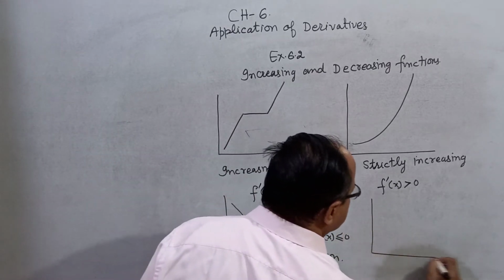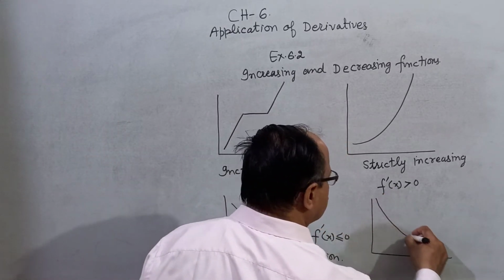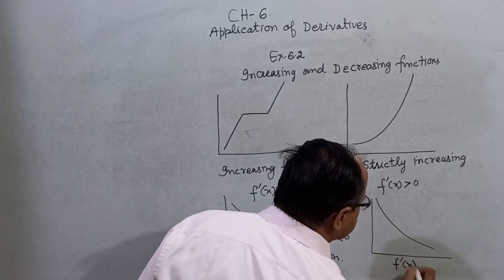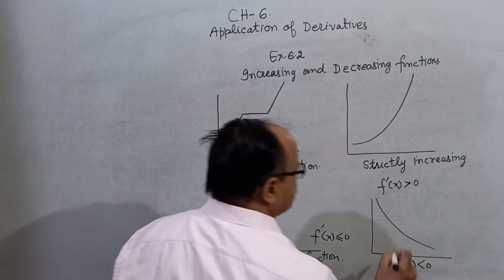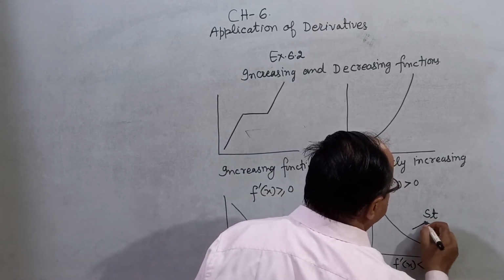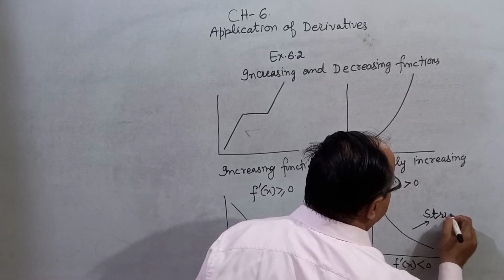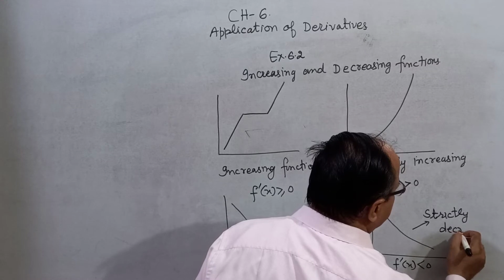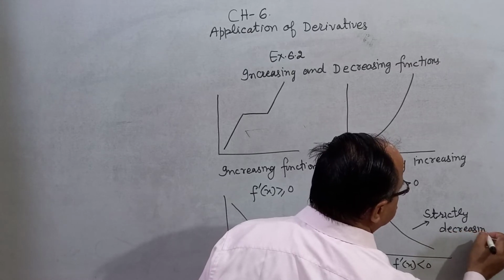And strictly decreasing, like this, it means the condition for this is less than 0 only. This is called strictly decreasing function.